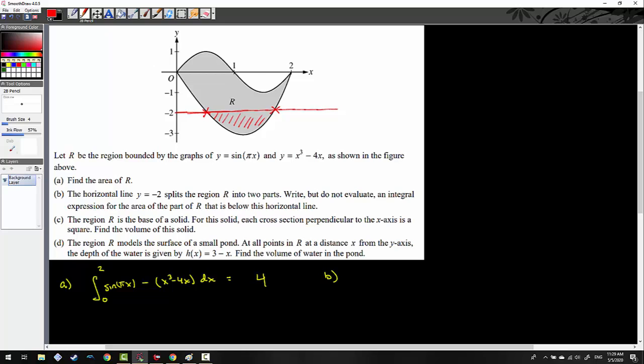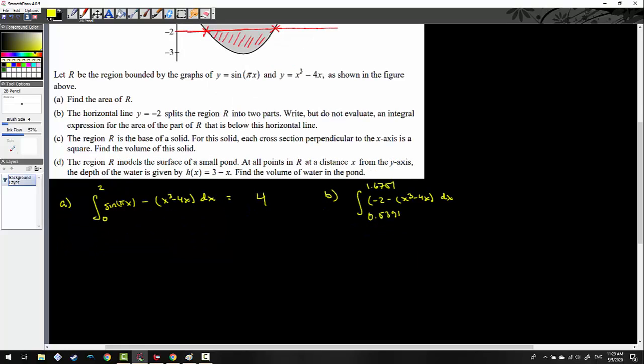So that's going to be the integral from 0.5391 to 1.6751 of -2 minus (x cubed minus 4x) dx. And actually, I was mistaken. It says write but do not evaluate. So actually, part B is done. Since we wrote the integral, we're all set.